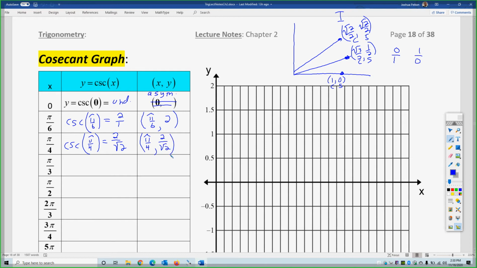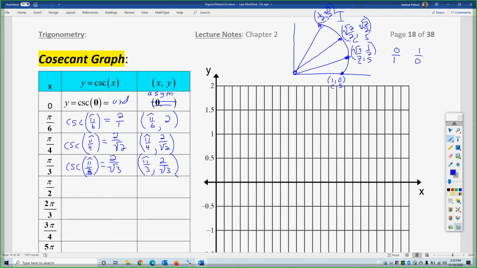Pi over 3, 60 degrees, so the cosecant of pi over 3. That's where we're going so far for our unit circle. The coordinate is 1/2, root 3 over 2. So if I reciprocate root 3 over 2, I get 2 over root 3. So at pi over 3, I get 2 over root 3.